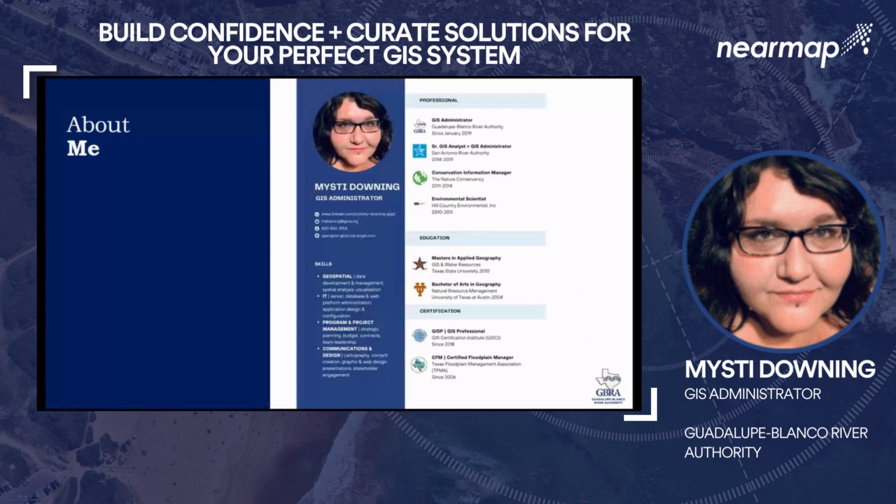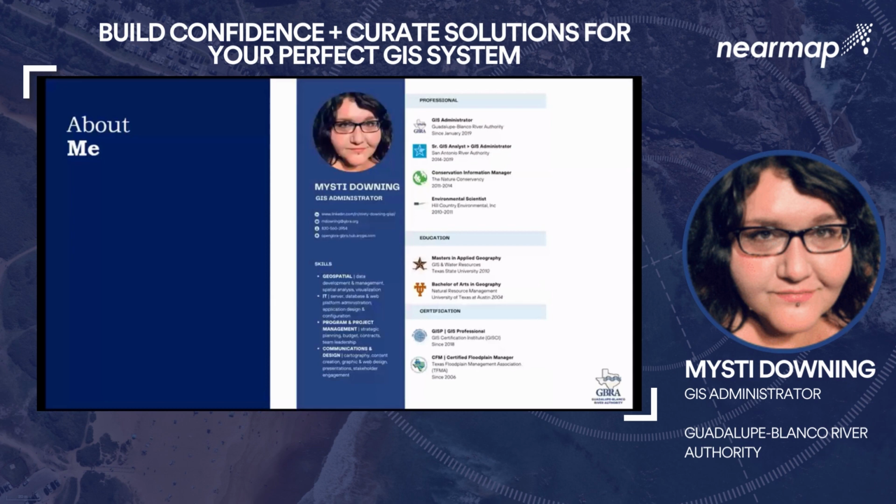So a little bit about me. I've been working in GIS and water resources for about 17 years. I came to GBRA, the Guadalupe-Blanco River Authority, about 4 years ago. Before that, I was at another river authority here in Texas, the San Antonio River Authority, for 5 years.